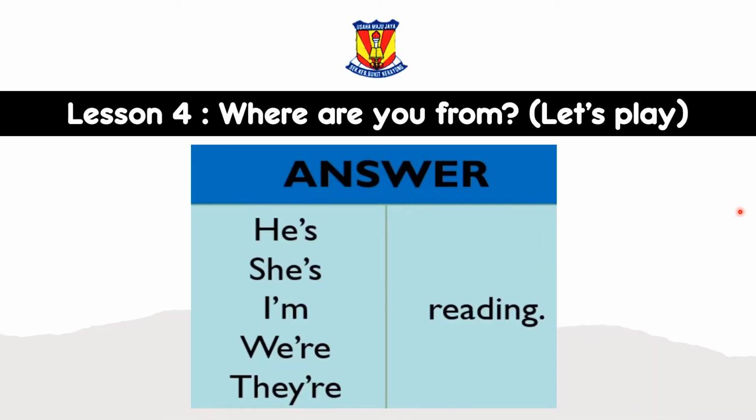So, when we answer the question, what are you doing? We normally use I'm reading or we are reading, because we are refers to the group of pupils that I mentioned in the second situation. And I'm is used in the situation where a one-to-one conversation happens.